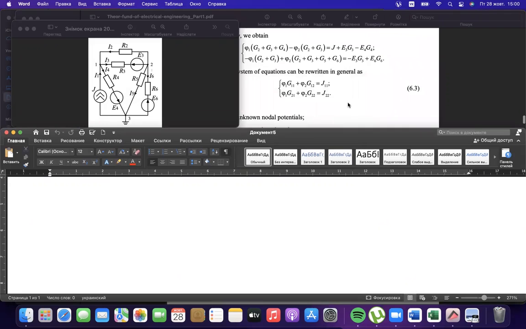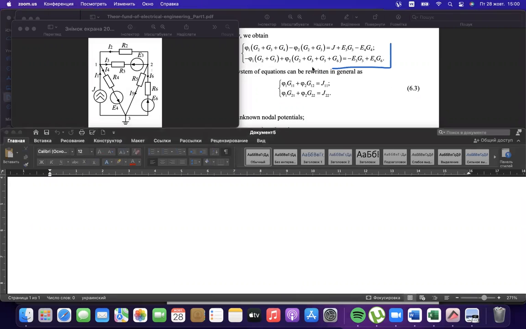Okay, here it is. How could we obtain this system at the first step, just from the circle? We take some basic point as 0 potential, let it be 0 volts.